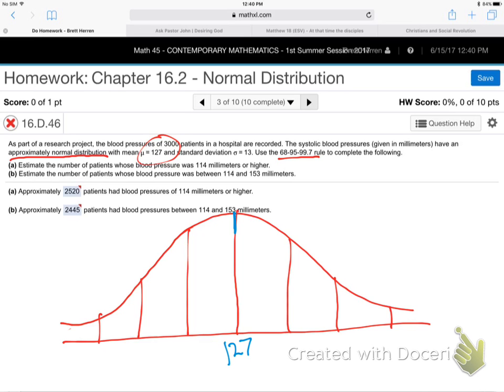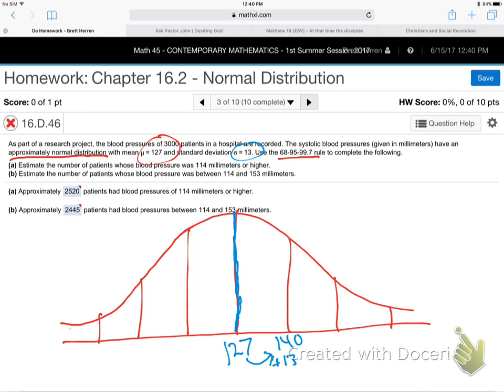And they're telling me how much each jump is from line to line. How much is it going to be from line to line in this? 13. Right, exactly. Everybody good with that? That's correct, 13. So add the 13 there.